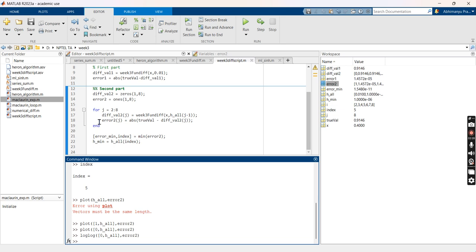So all of those values are greater than 0 only. So I just tried to initialize error with a number that is much greater than 0. So I initialize it with 1. All the other error values that you were getting are much less than 1, right? So I will get my minimum in the desired location only, where it's supposed to be.